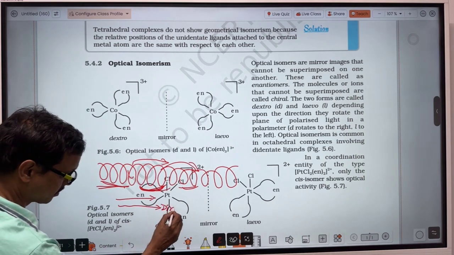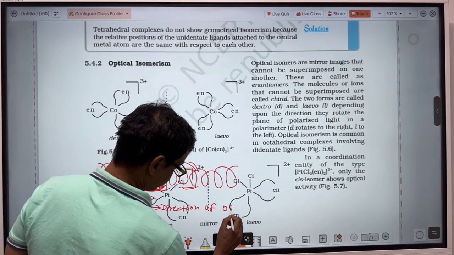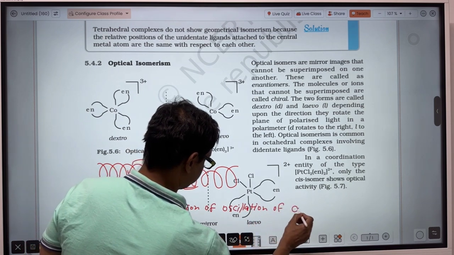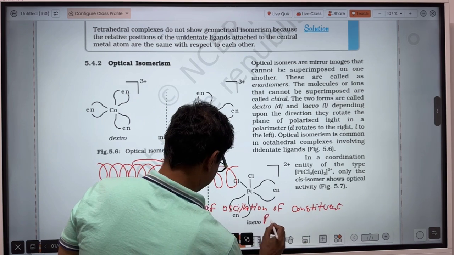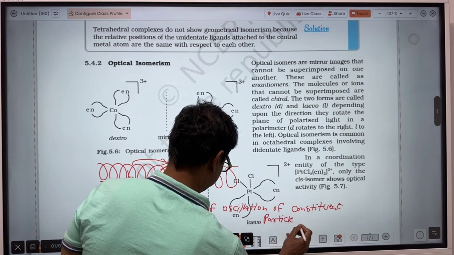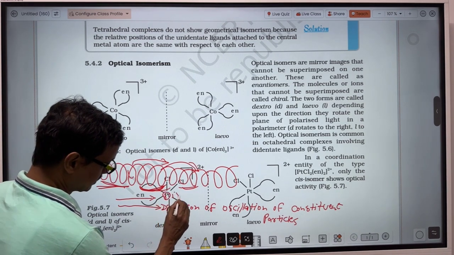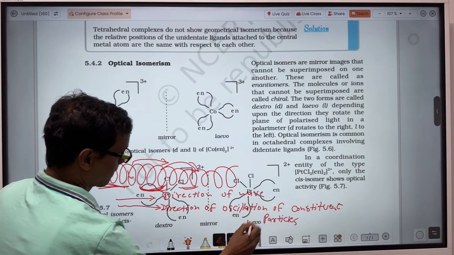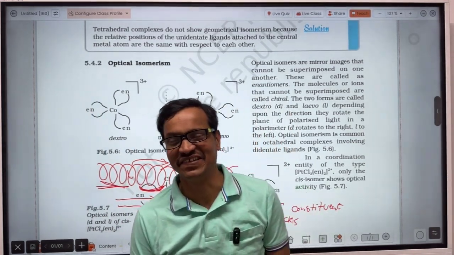So this is the direction of oscillation of constituent particles, and this is the direction of the wave. So in this case, that means this is called a longitudinal wave.